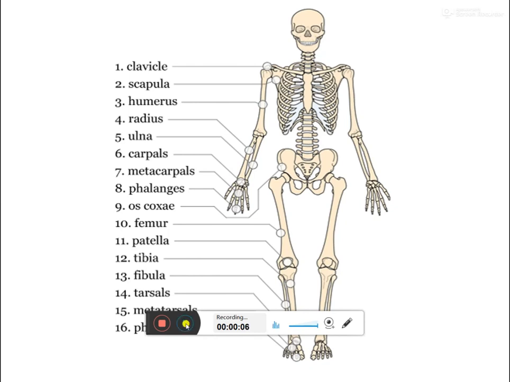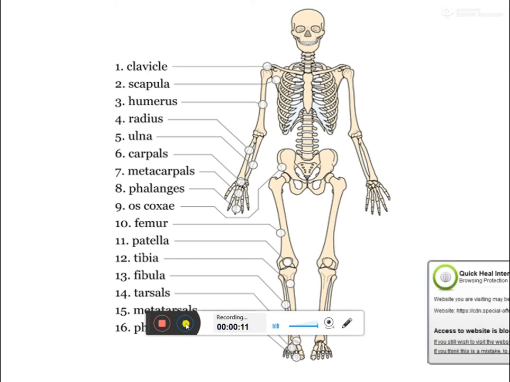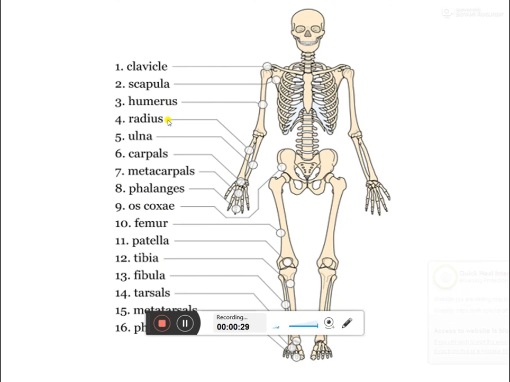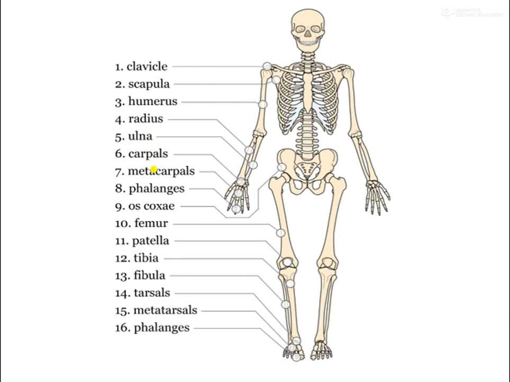Up to here we covered the appendicular skeleton, and this appendicular skeleton contains the pelvic girdle, pectoral girdle, upper limbs and the lower limb. The pectoral girdle contains the clavicle and the scapula. Next one is the upper limb, which contains the humerus, radius, ulna, carpals, metacarpals, phalanges.